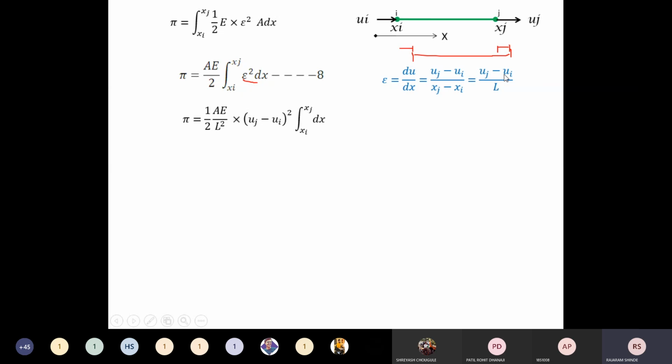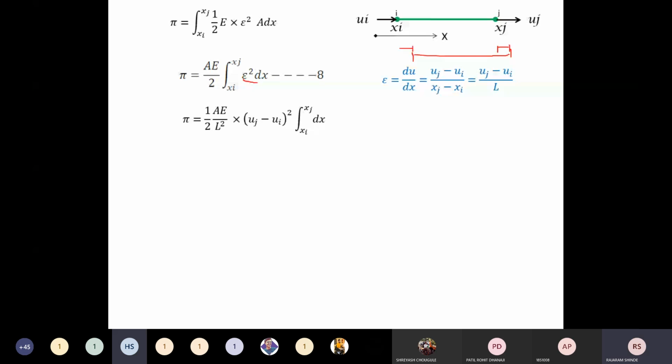Now uj is constant, it is a nodal displacement. Ui is a constant, it is also a nodal displacement. Length is also constant. So I can take this out of the integration. That is uj minus ui square divided by 2L square. Okay, L is constant, that I have taken out of the integration, and you will get only integration of dx. What is integration of dx? X. And when we put the limits, it becomes xj minus xi.